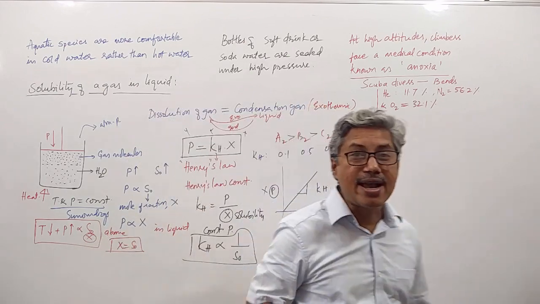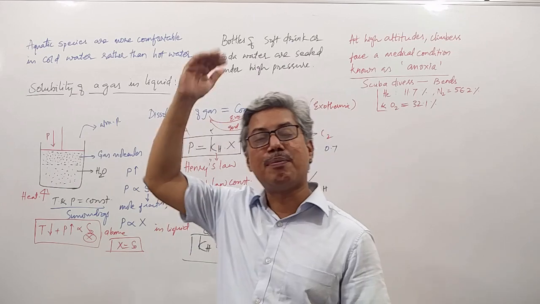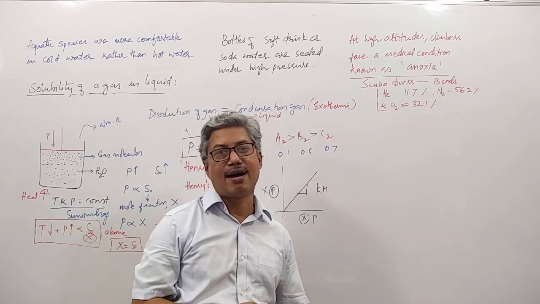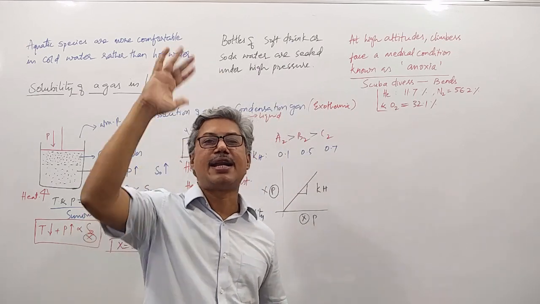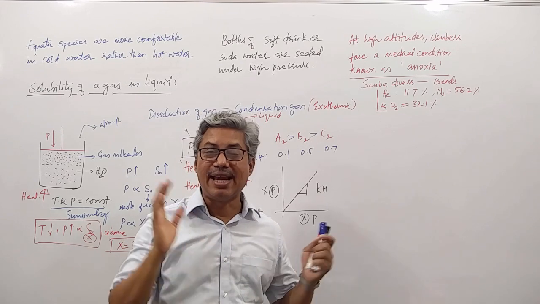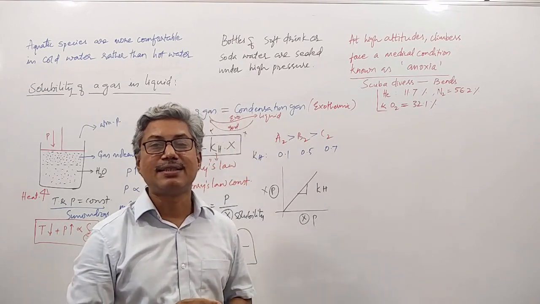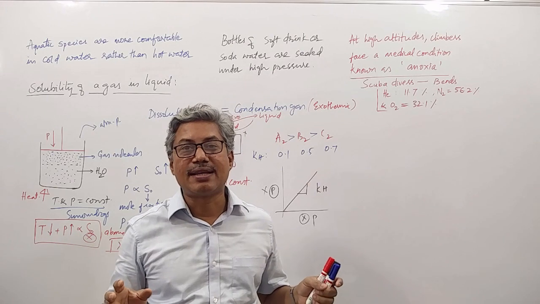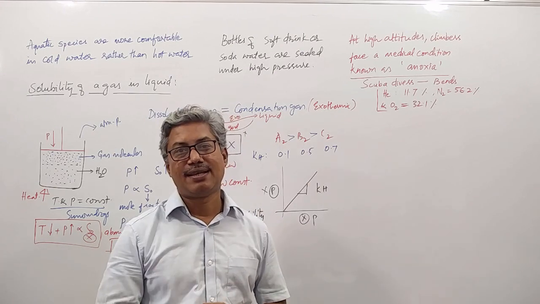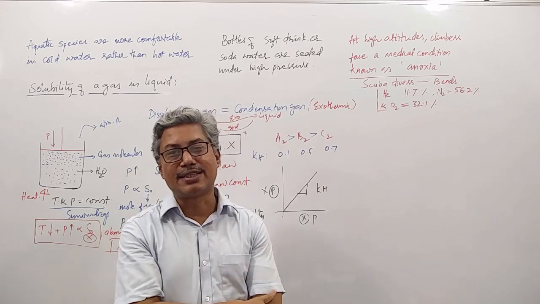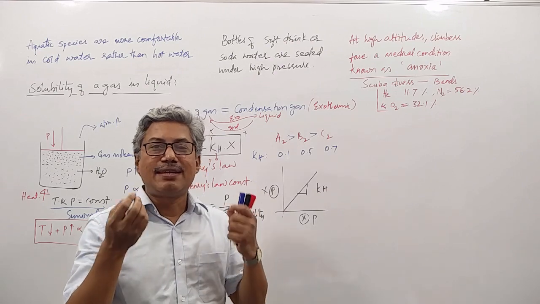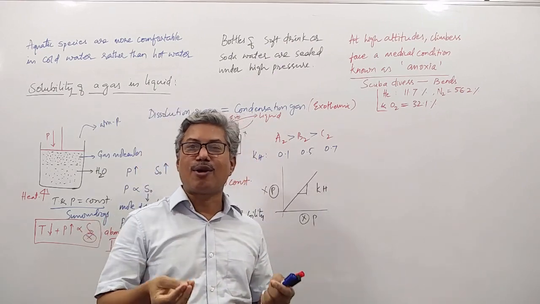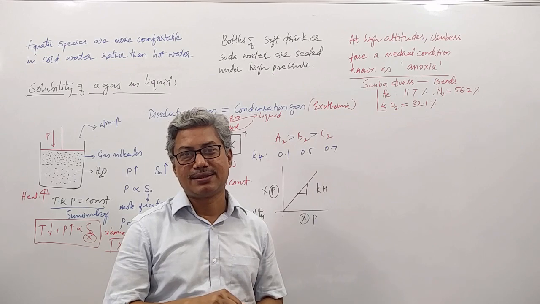Now, at high altitude, what happens? When you go above the height, or at higher altitudes of, say, a hill, what we notice is surrounding air density will decrease. When surrounding air density decreases, what happens? We feel shortage of air or oxygen for the breathing process.